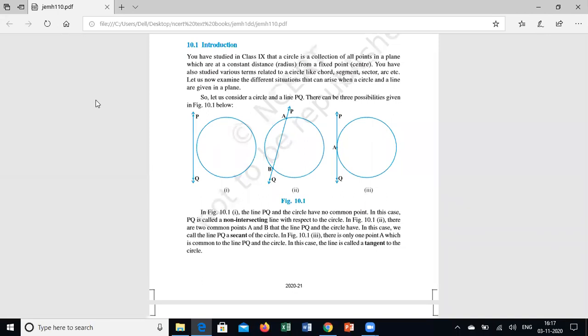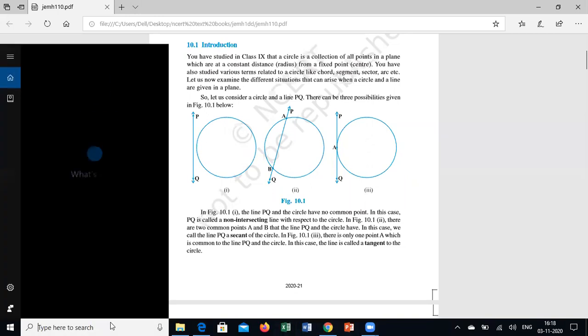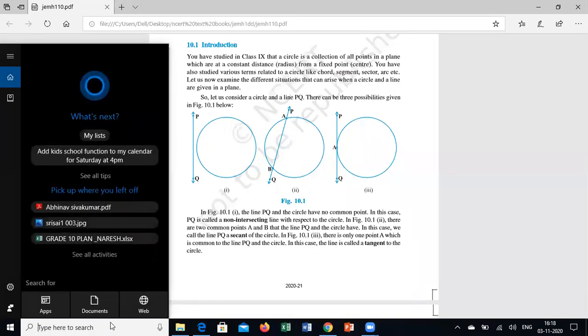So, a circle is a closed two-dimensional figure. We can discuss it from a definite point of view.